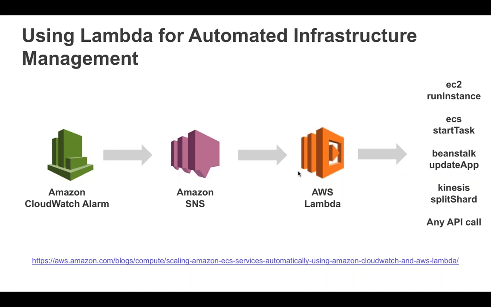Maybe it's just filling up. So you could cause a Lambda function to go and take action based on it. And you could do it across a number of services, such as EC2, our compute service, the Elastic Container Service, Beanstalk, Kinesis, etc. So you can use CloudWatch alarms and notifications to get Lambda to take care of and automate the management of your infrastructure.